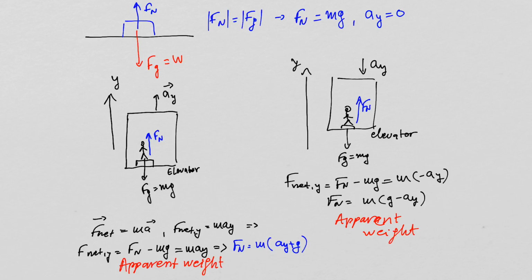As you're climbing up the Ferris wheel, you feel a little bit heavier. As you start going down, you feel a little bit lighter. All of that is caused by the directions of your weight, the normal force, and the vertical acceleration of motion.